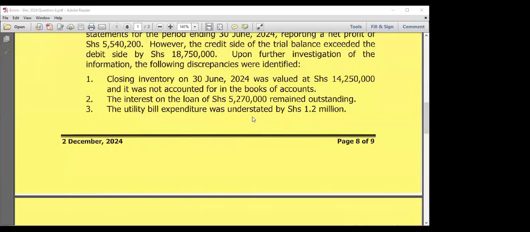When they give you a scenario where there is understatement or overstatement and they are silent, they don't give you maybe another account, or it is just there hanging, it means there is an amount that was posted, but it was a wrong amount, okay? So it is not omission, it is not commission, it is not principal, it is not any of the other errors that don't affect your trial balance. So it will affect your trial balance.